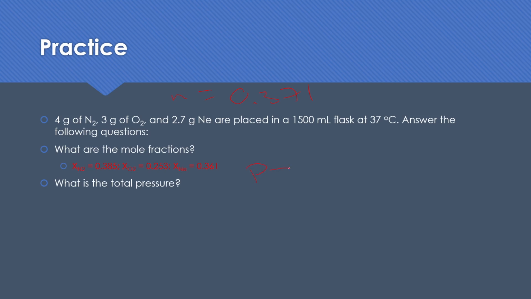So pressure is nRT over V. So it's 0.371 moles times 0.08206 liters atmospheres per mole Kelvin times 37 degrees Celsius, so plus 273, you get 310 Kelvin, divided by 1.5 liters, and you get 6.29 atmospheres.